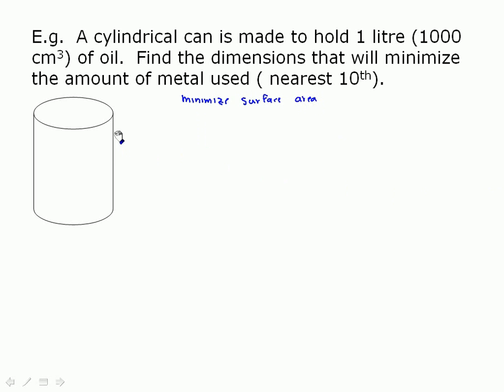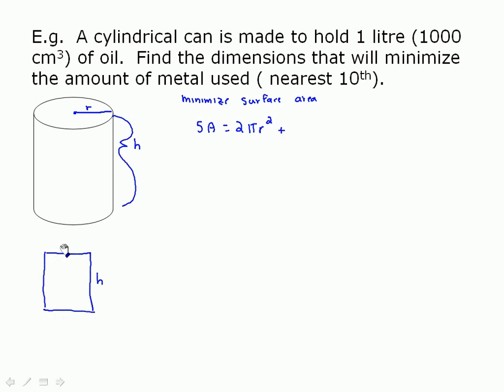Now you've got to remember with these type of problems that the cylinder is made up of a top and a bottom that are both circles. So the area, I'll write this SA, is equal to 2 times the area of a circle. So that's pi r squared. And then we have a rectangle for the body of it, and the height of the rectangle would be just h.